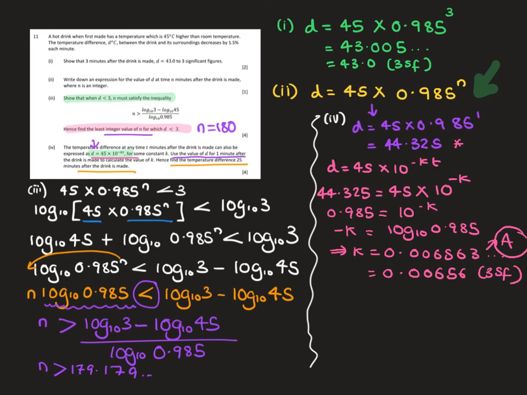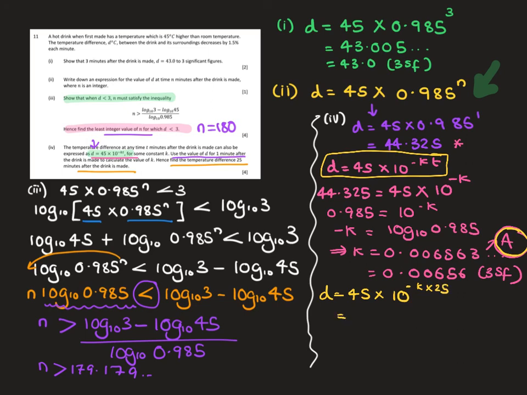What next? Hence find the temperature difference 25 minutes after the drink is made. They want you to keep using the new formula here. There's no point using the old formula. They're investigating a different formula. So d is equal to 45 multiplied by 10 to the power of negative k, which we now know is this value here we've stored in memory A, multiplied by the time, which is 25.